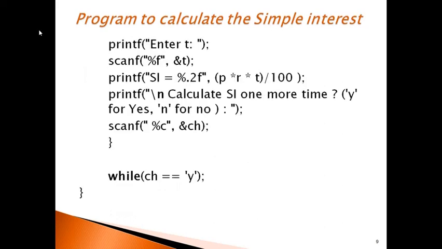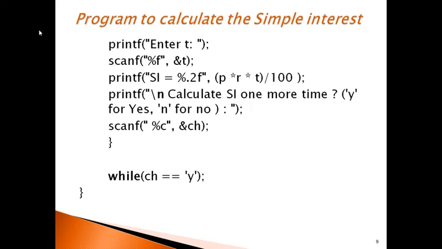After that, we'll use the printf, enter the time, scanf function to read the time. After that, printing the simple interest by calculating PTR by 100.